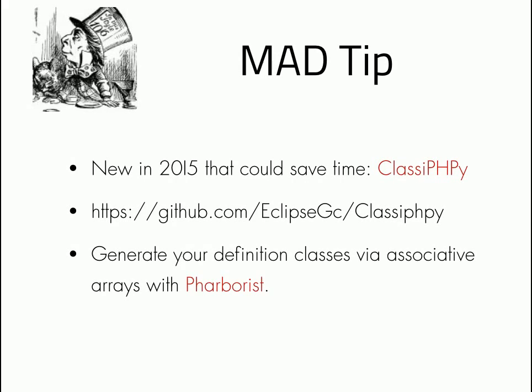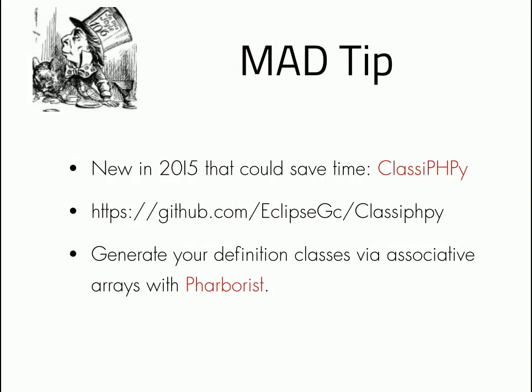The way that Farbarus works is you traverse the PHP code like a DOM, like you're traversing an HTML page, and then you can take a specific piece of PHP code and translate it into something else.